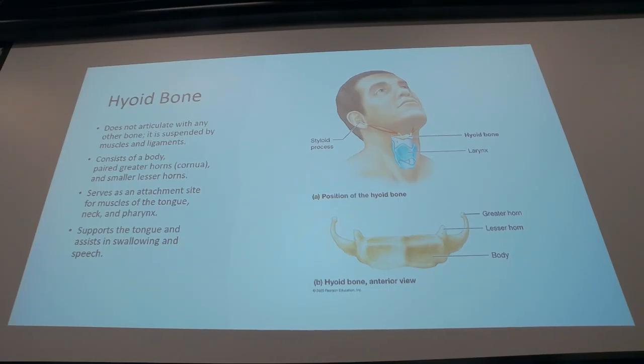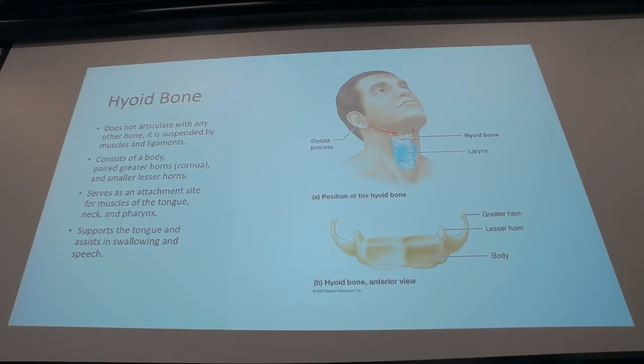Hyoid. It has this horseshoe shape, located in the superior part of our neck, connecting to this cartilage, which is called the thyroid cartilage, by the thyrohyoid membrane, which is this. And then digastric muscles, which are these, connect superiorly to these parts of the hyoid bone, which are the lesser horns.